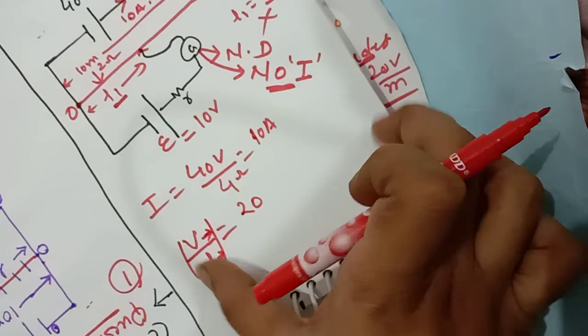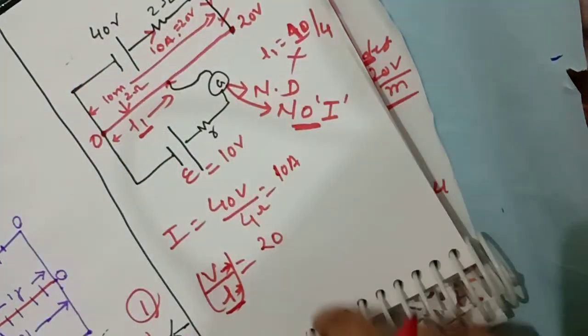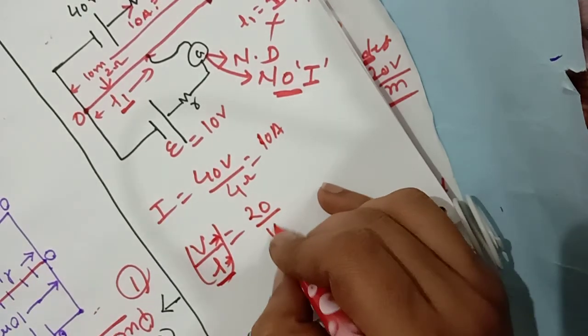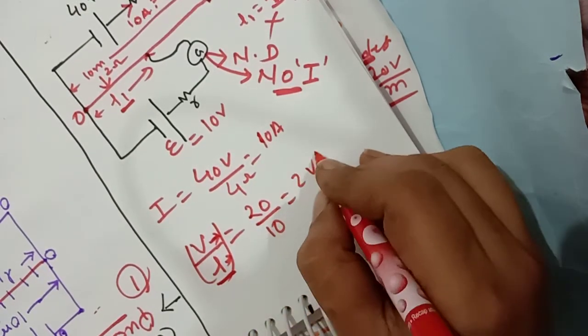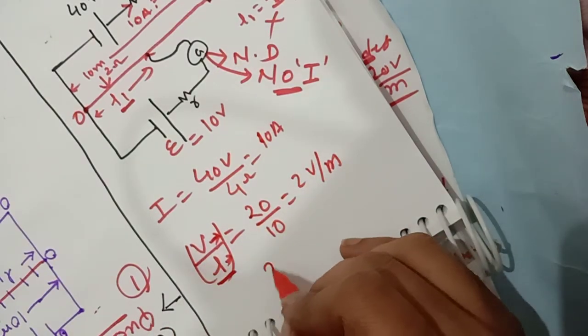Across that wire this voltage is different from the voltage applied. So we will use this 20 volts divided by the total length 10, which is 2 volt per meter.